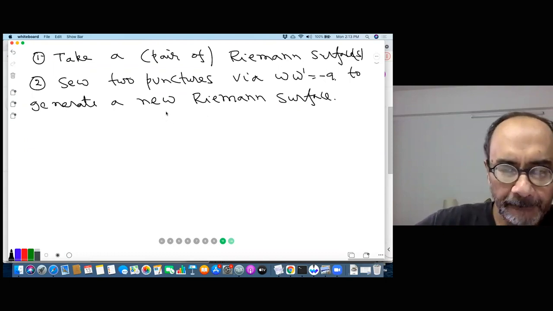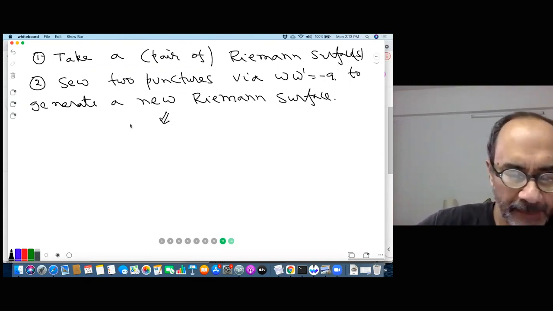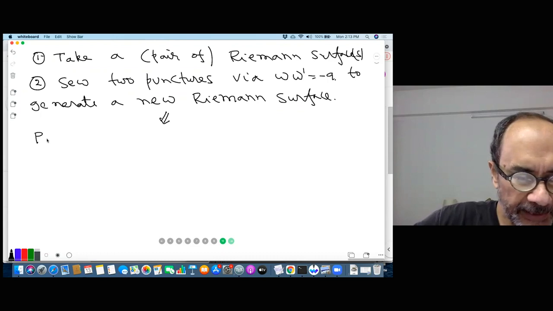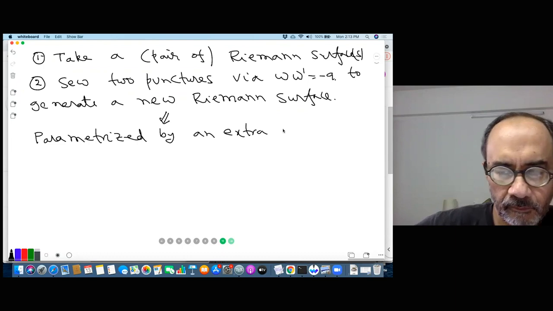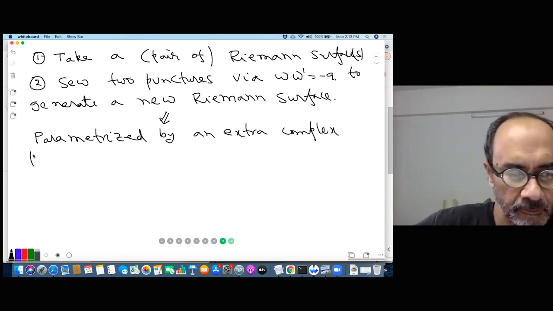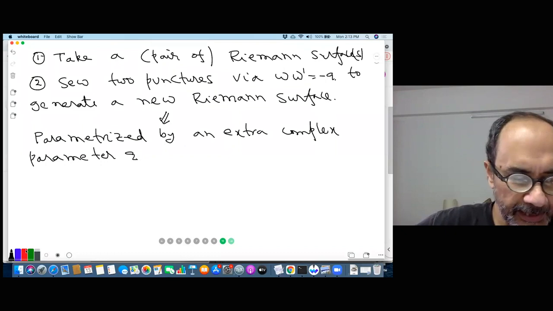So when you do that, this new Riemann surface is parameterized by an extra complex parameter. Notice the word extra.